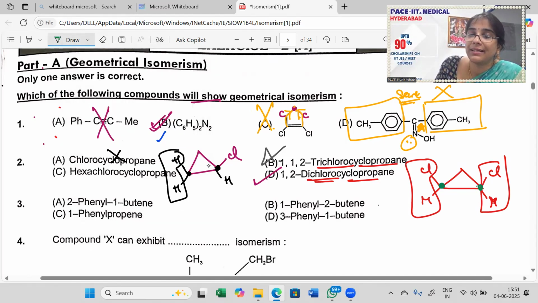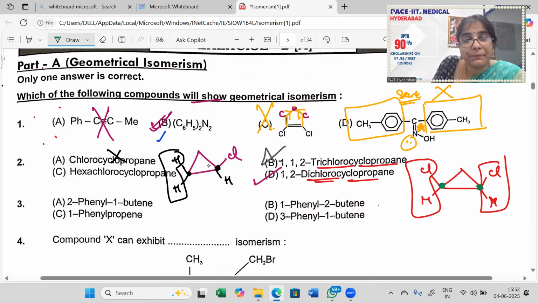This is my restricted site, and two different groups definitely I do have here. Two chlorines on one side, I would name this as cis, and one chlorine on the opposite side, if you hold one and turn the other, will be my opposite one, which is trans.